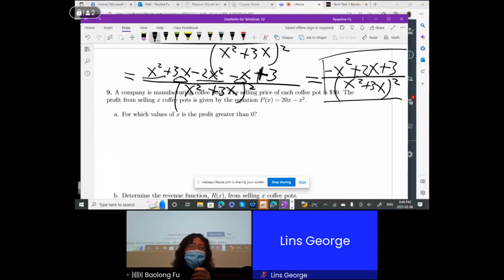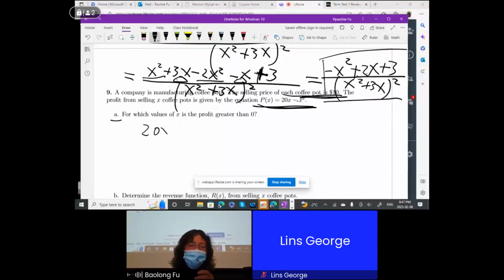Question 9. The selling price for each unit is $10. The profit is given by this function. Question A, for which values of x is the profit greater than 0?